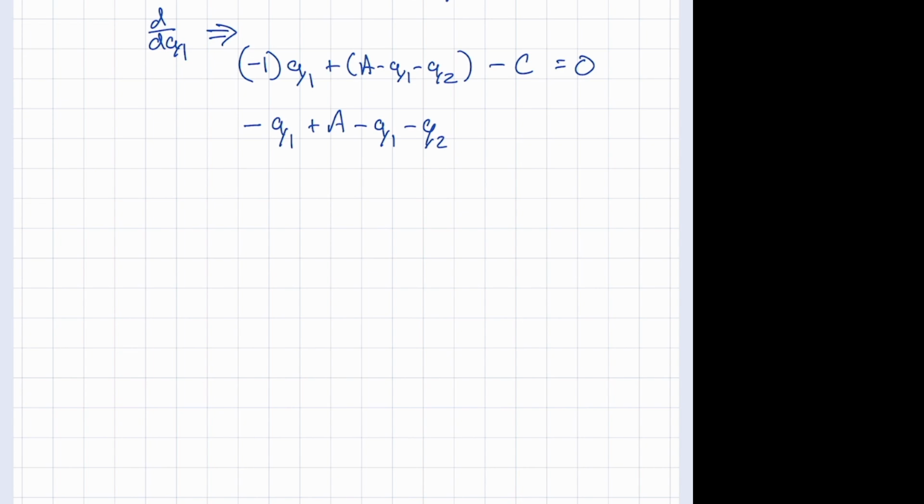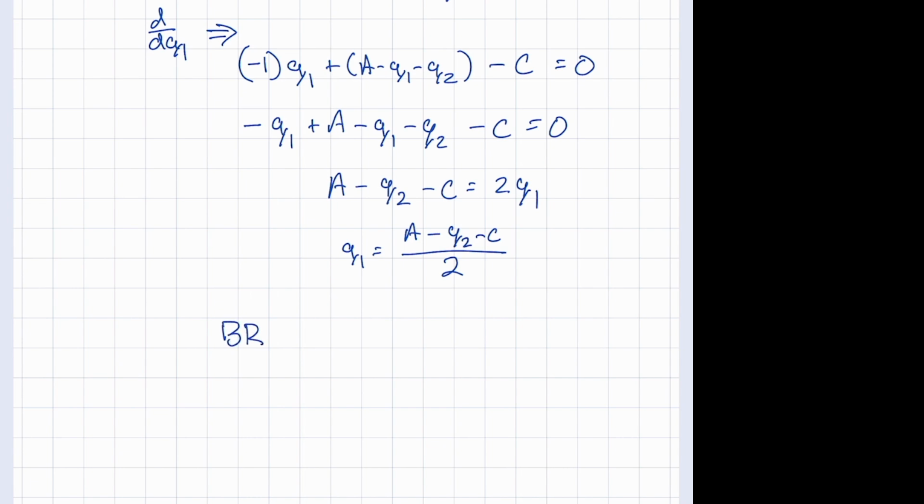Now we just need to do a little bit of algebra. This is the Q1 that maximizes profits. This is our best response. So we've just figured out the best response of firm 1 to firm 2.